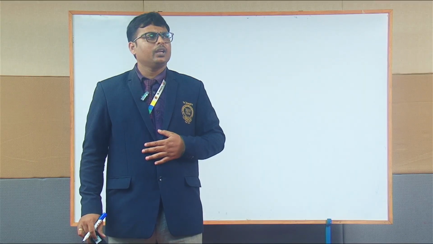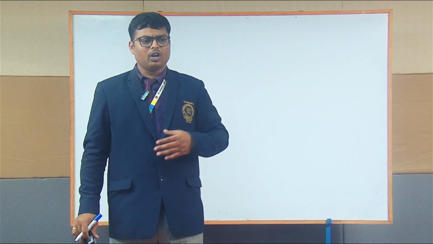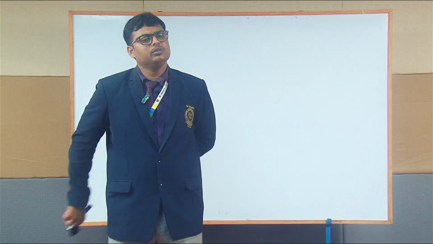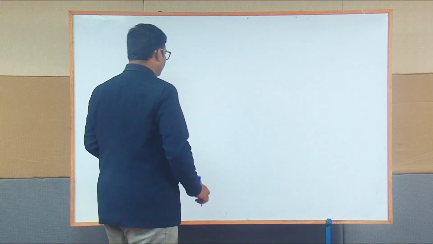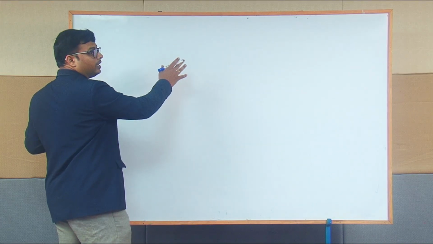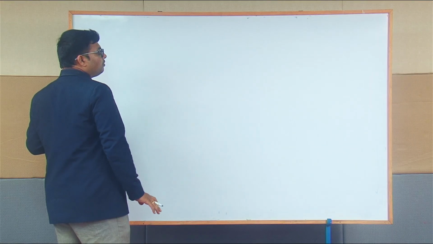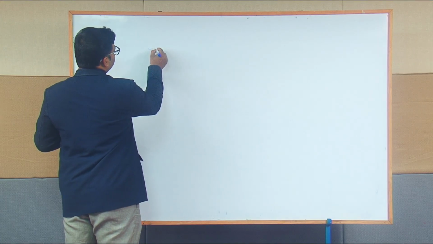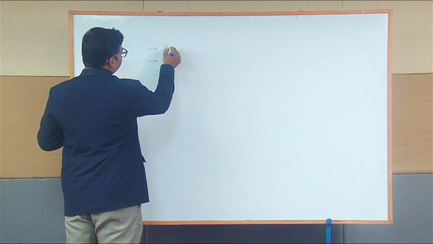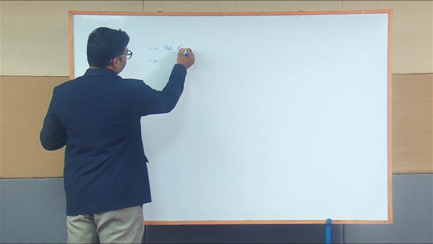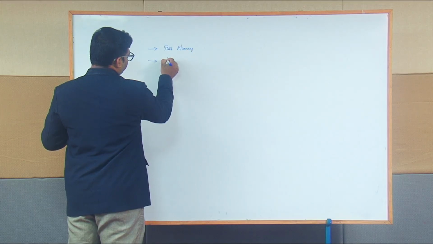In robotics, we talk about path planning with respect to acceleration and velocity. So the next part, after forward and inverse kinematics, is that we will study path planning and trajectory.